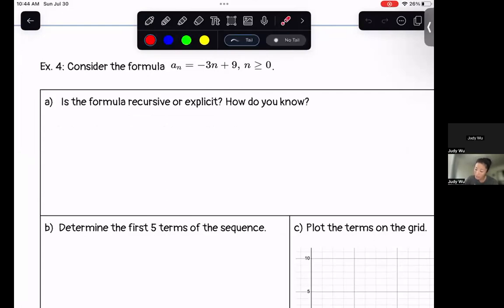Okay. And so one of the things I notice here is that in my equation, I only have n's. I don't have any a sub n's. I just have n, right?